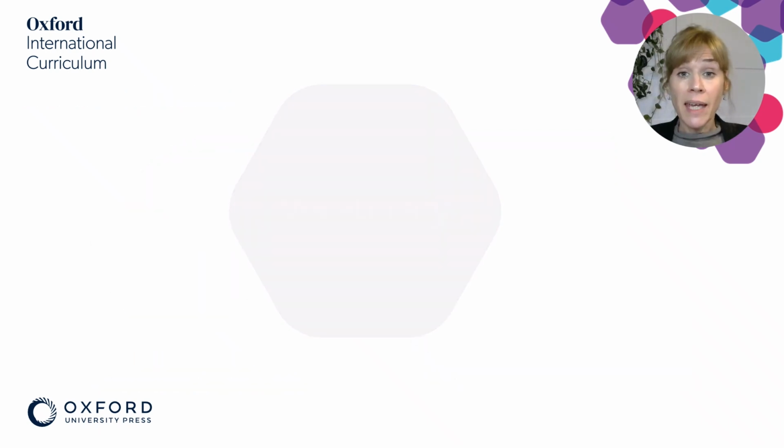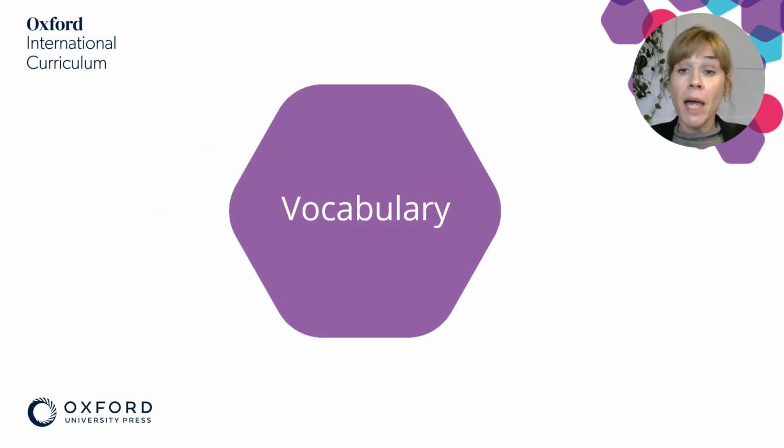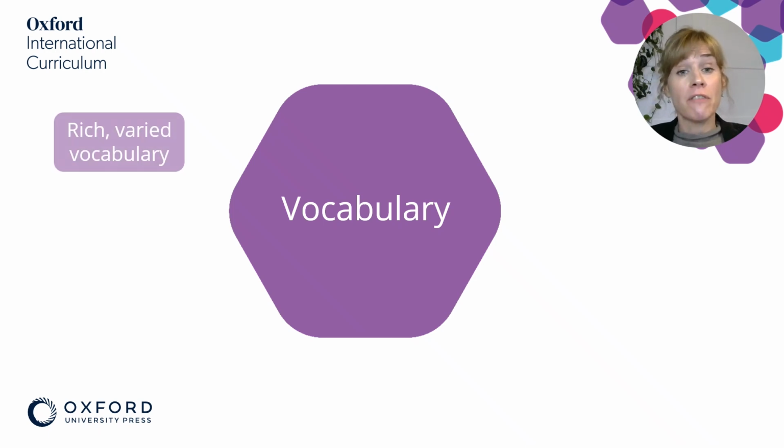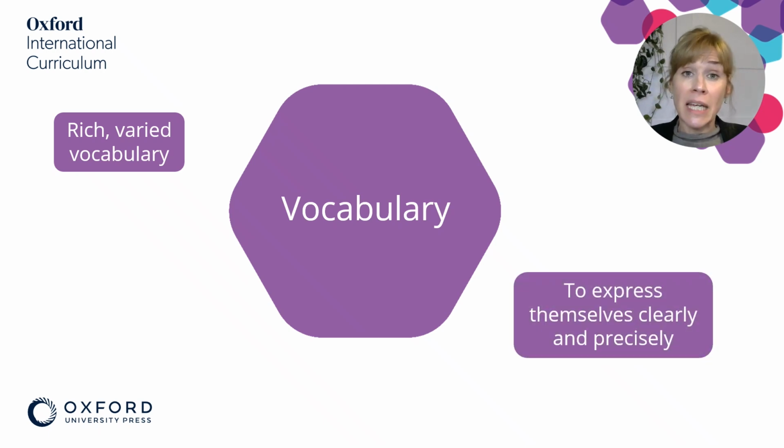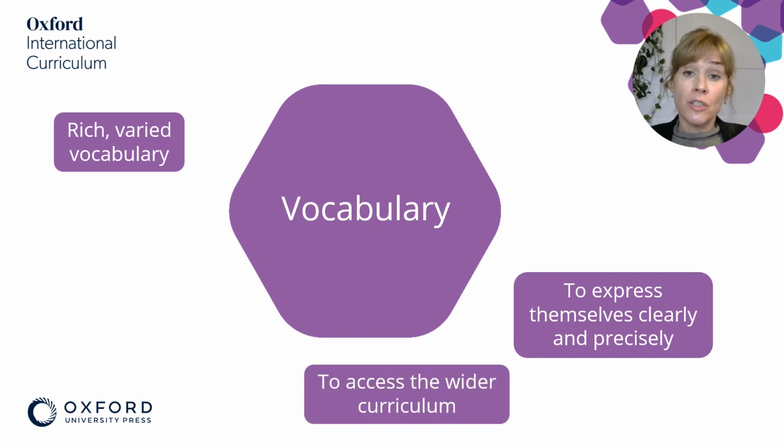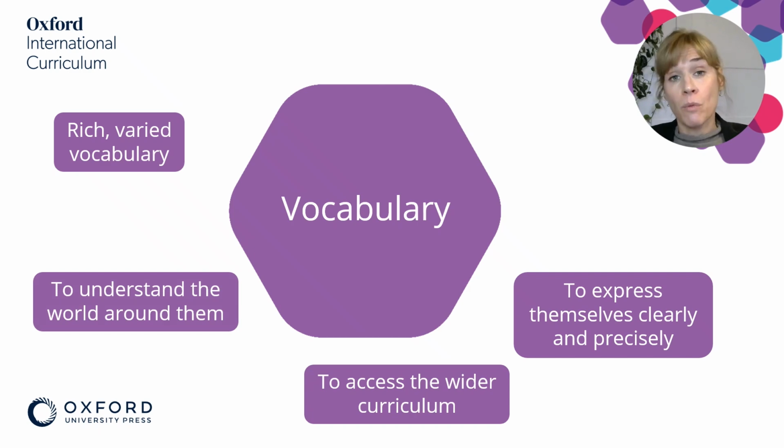One of the key elements of the English curriculum is vocabulary development. Recent studies have shown how important it is for students to have a rich, varied vocabulary in order to be able to express themselves clearly and precisely. It's also important that students have vocabulary to access other areas of the curriculum and to increase their understanding of the world around them.